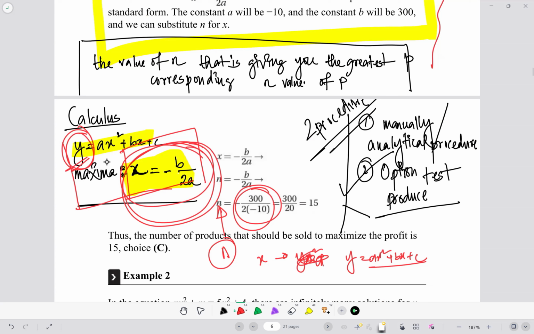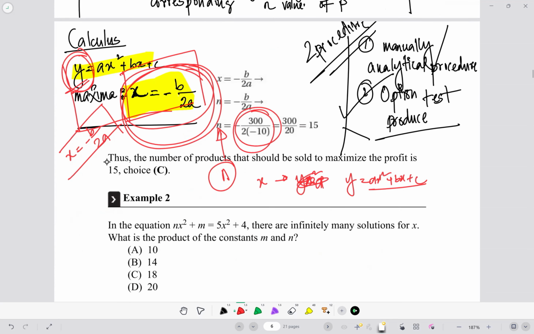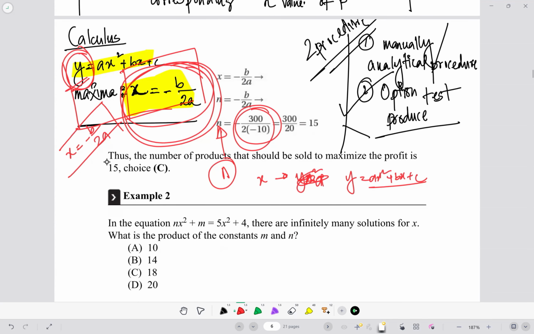But try to understand at your home why the application of calculus in finding maxima and minima works, how we do it, how and why x becomes negative b by twice a, what the derivation is, and what is happening.